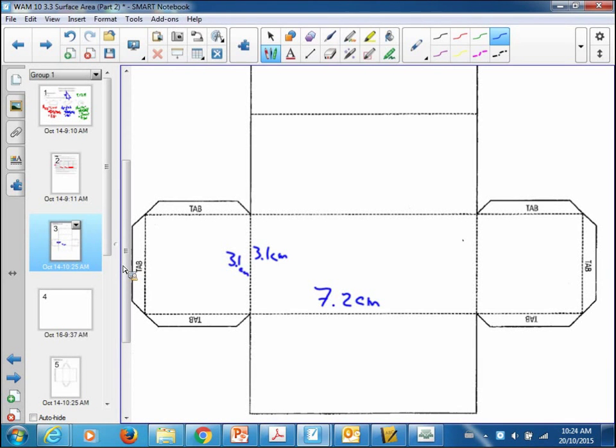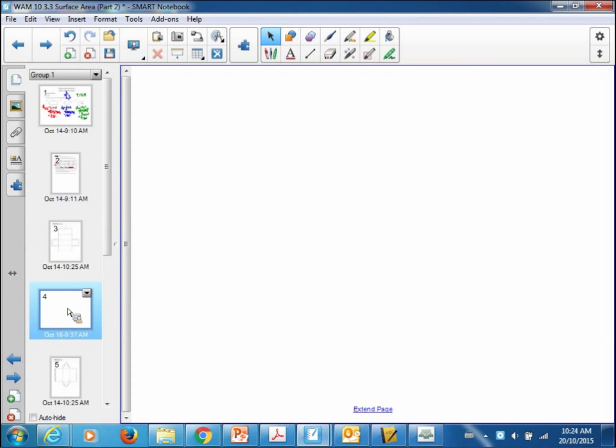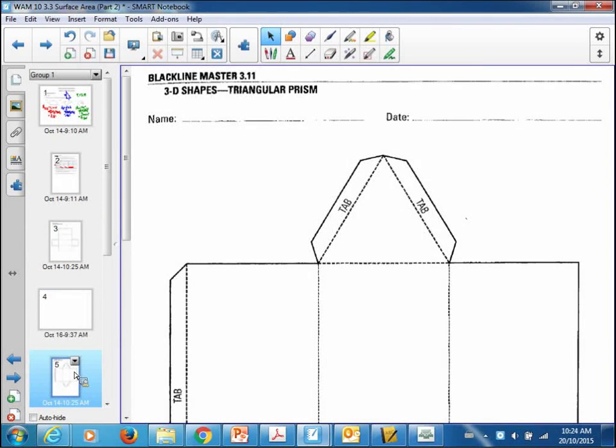Maybe this is 3.2 centimeters, whatever it measures here. Now, I just made those numbers up, but you'll measure those. And then you can find the area of each rectangle. Then cut this out and put it together as an actual box. The second page is empty because you're cutting out the paper.